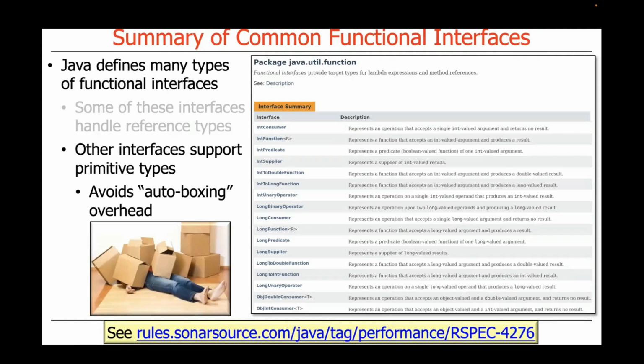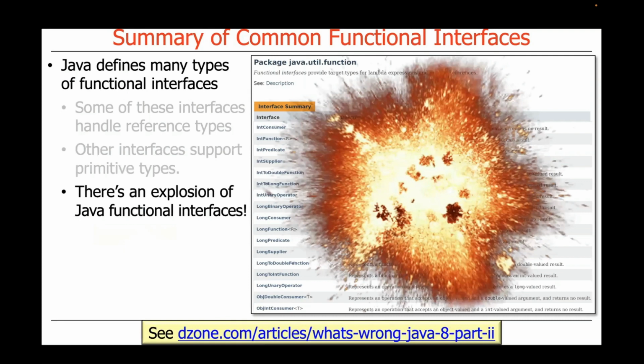The support that Java provides for primitive types is to avoid the overhead of so-called auto-boxing, which is what happens if you don't use these mechanisms, but instead wrap primitive types with references to work with the reference interfaces. So there's an awful lot of interfaces that come out of the box. There's basically an explosion of functional interfaces defined in Java.